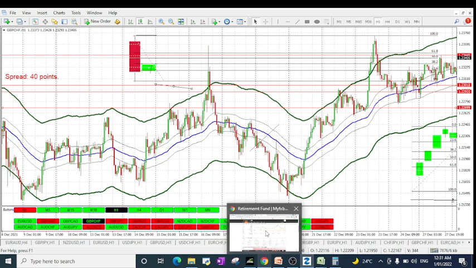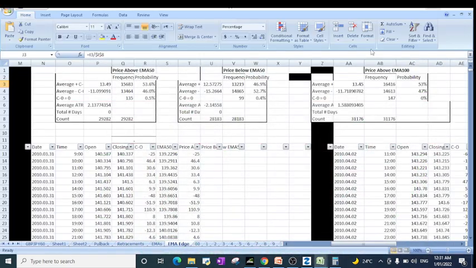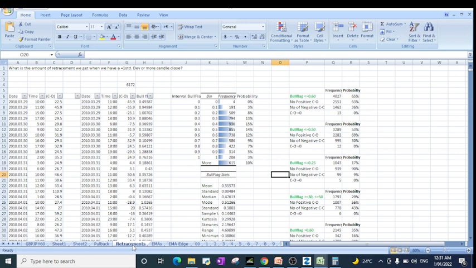Or in terms of percentages, where did I do the work? Retracements. So you can see that when a candle opens, let's say 97% of the time, it will retrace at least 10 pips.